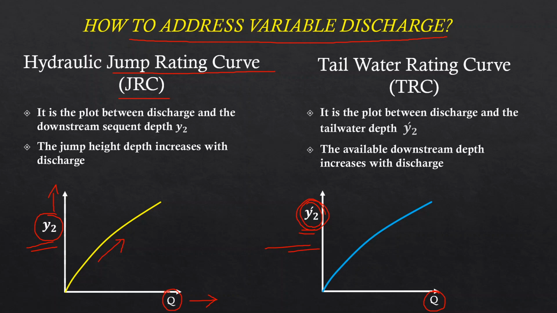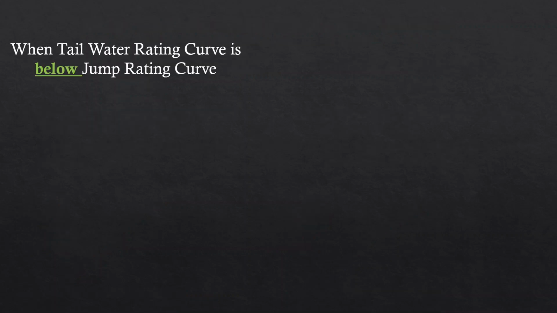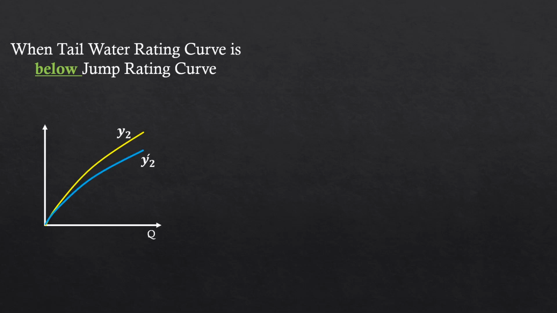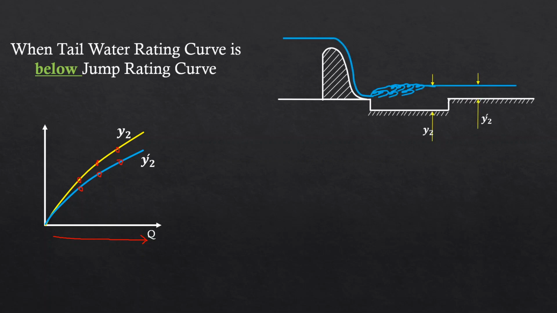So there may be several situations. When the tail water rating curve is below the jump rating curve, that means for the entire range of discharge, this available depth is less than the required depth, which means we have to increase the depth for the entire range of discharge.